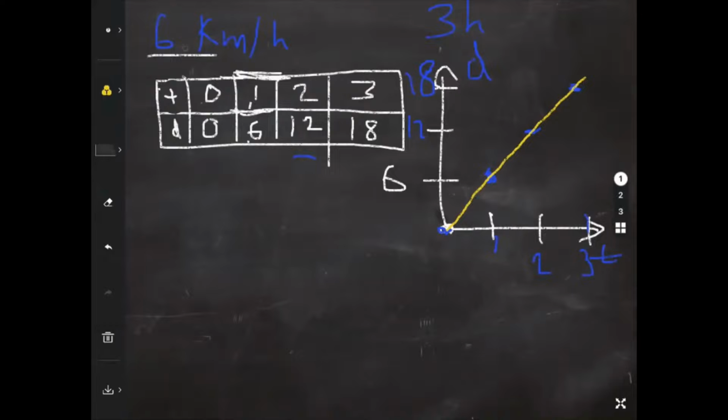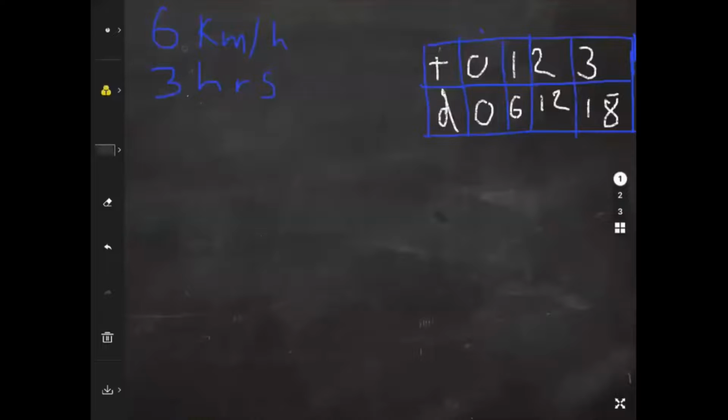So what we want to do now is write a rule linking D with T. If we think back, the formula that we use to show our linear equations is y equals mx plus c. But we haven't got a y or an x here, have we? We've replaced those with our d and our t.